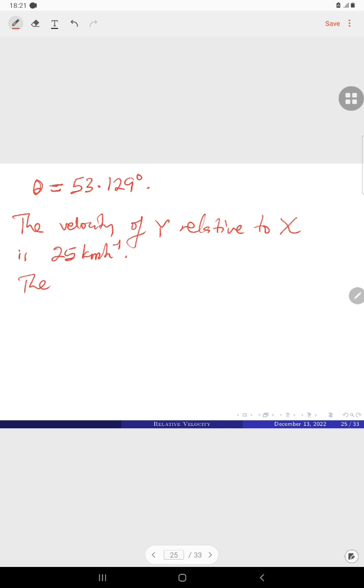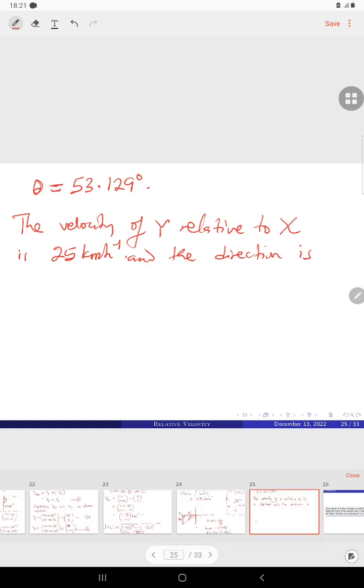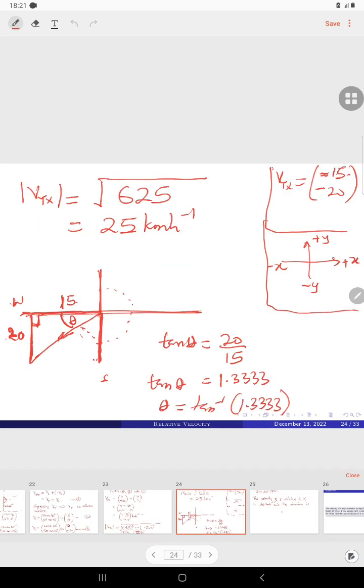So what do we say? The velocity of y relative to x is 25 kilometers per hour, and the direction is, as I was saying, west theta.